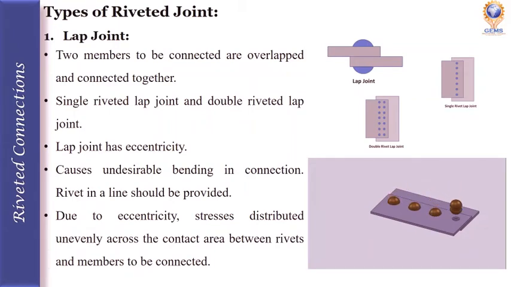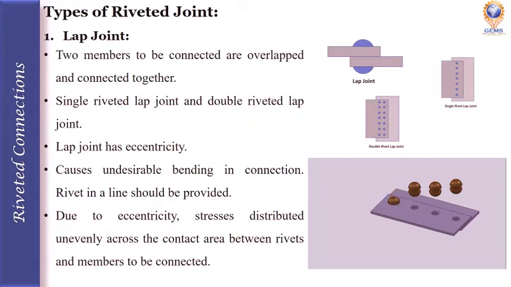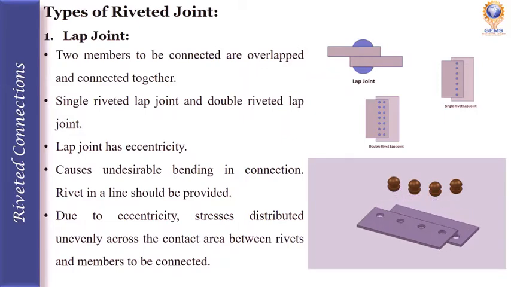There are two types of lap joint: single riveted lap joint and double riveted lap joint, as shown in the figure. A load in the lap joint has eccentricity. Why? Because the center of gravity of load in one member and the second member are not in the same line. Therefore, a couple is formed which causes undesirable bending in the connection.